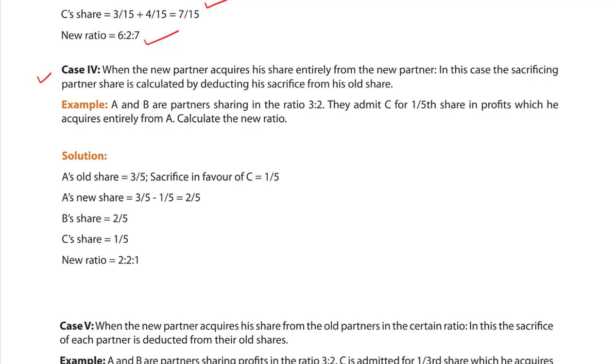Case 4. When the new partner acquires his share entirely from one partner, in case of a sacrificing partner, the share is calculated by deducting his sacrifice from the old share.